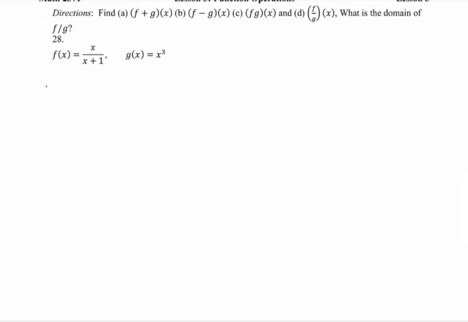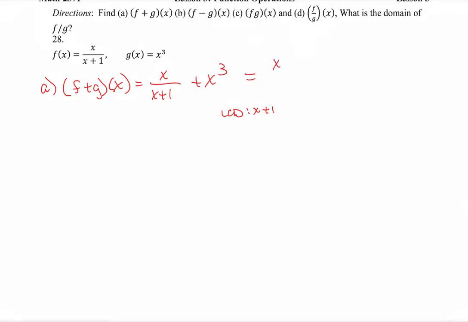So, for part A, if I have f plus g of x, this will be x over x plus 1 plus x cubed. And when we add that, we need to get an LCD. So our LCD is x plus 1.